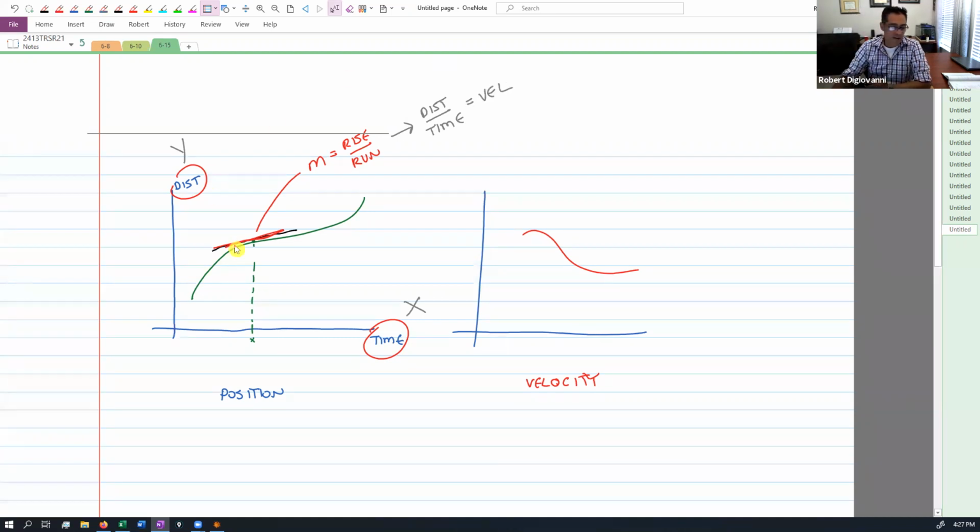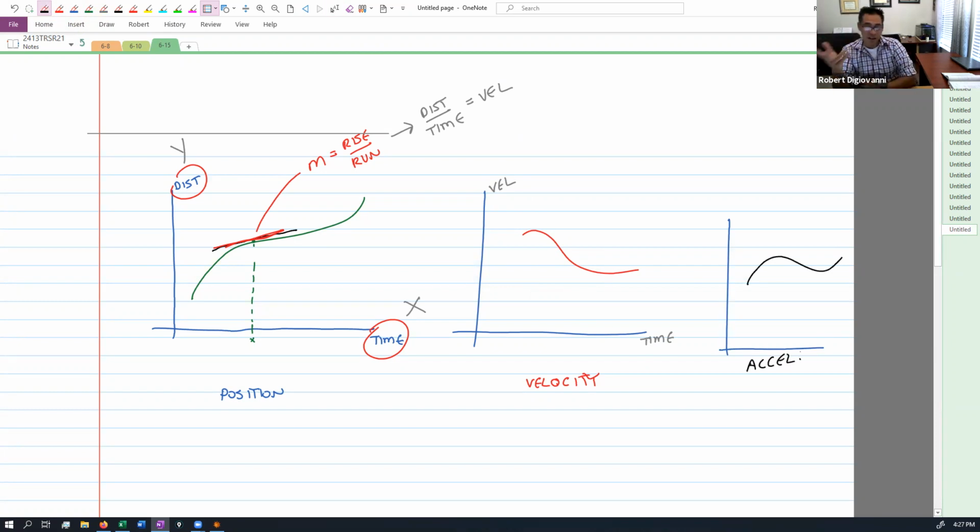That's why when you have a position function and you take its derivative, the slope of that tangent line becomes your velocity function. So now here's the graph of the velocity, which is time here and velocity here. If I take the derivative of that, so this is the second derivative, I get a new curve, and this is acceleration.